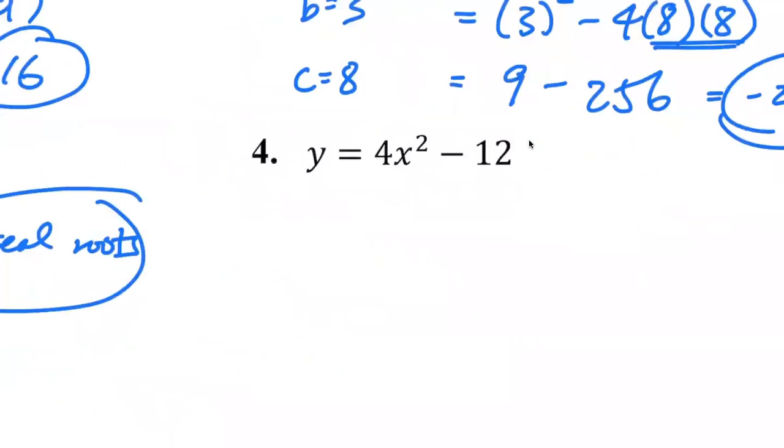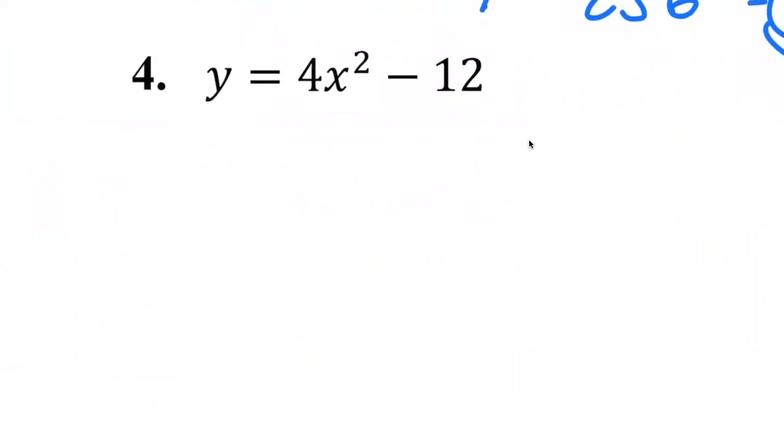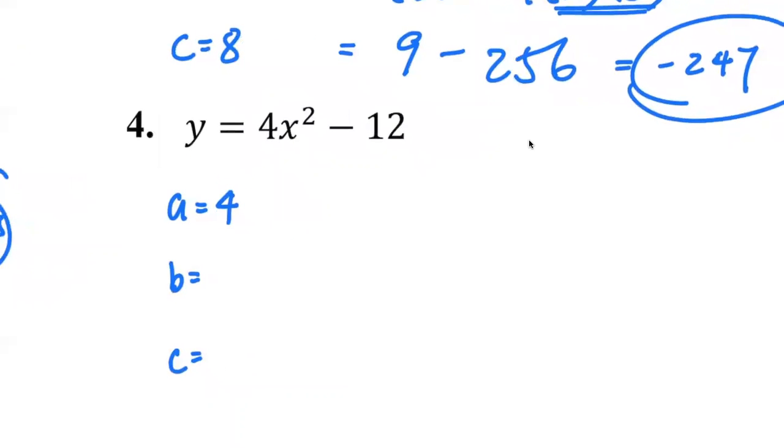And last one here, number 4, be very careful here. A is 4, what's B? What's C? Now for this case, let me make sure that everyone is on the same page. When we have 4x squared without the x term and then minus 12, that means 4x squared plus 0x minus 12.